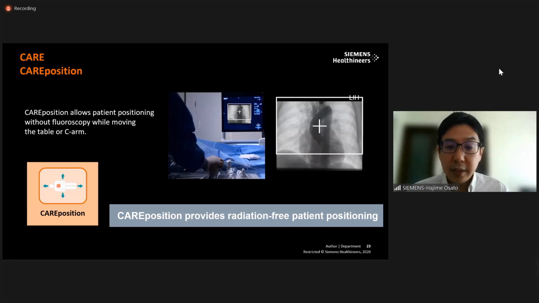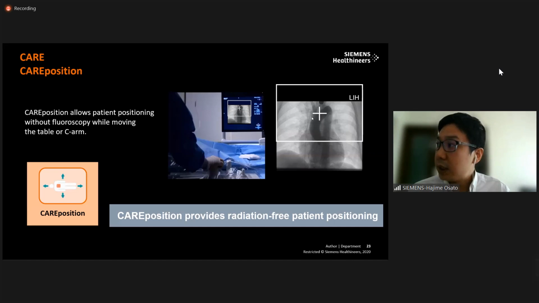The operator finds a white graphic on the live monitor during system movement. This center cross marker is displayed as the image center position for the next exposure. So it provides radiation-free patient positioning.